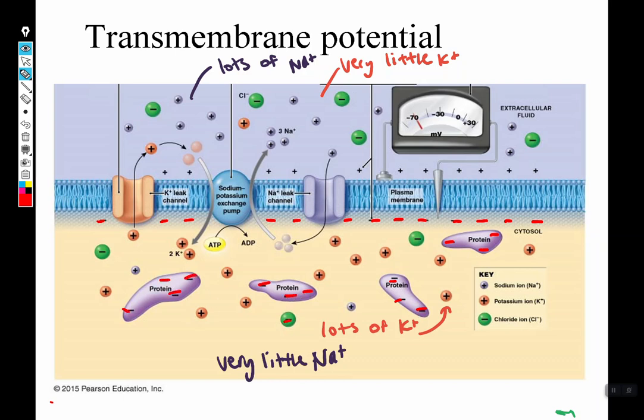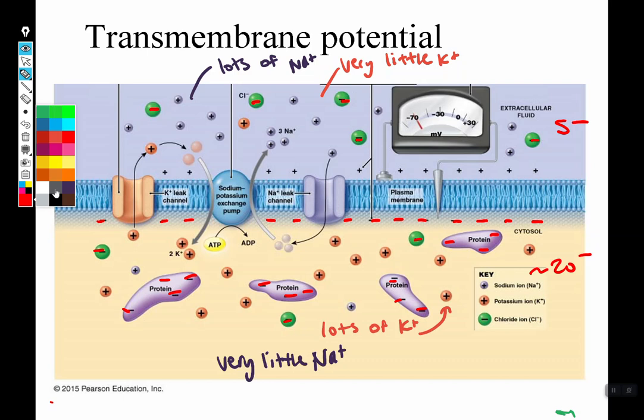And then I have a handful of chloride ions poking around here. That's a lot more negative charge on the inside than the 1, 2, 3, 4, 5 units of negative charge out here. I'm not even going to count them here. Probably around 20 units of negative charge in here.